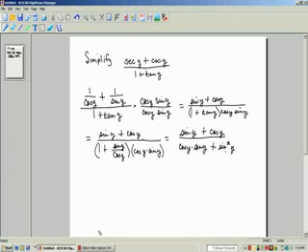Now we see that in the denominator, we can factor out sine y. It's common to both parts of our denominator. So that's going to leave us sine y times cosine y plus sine y.